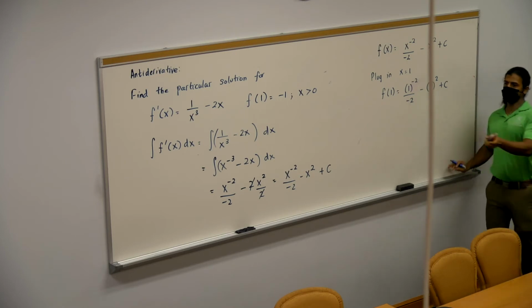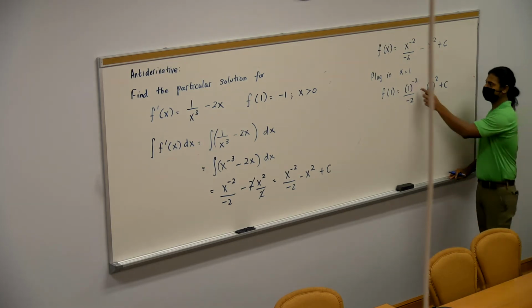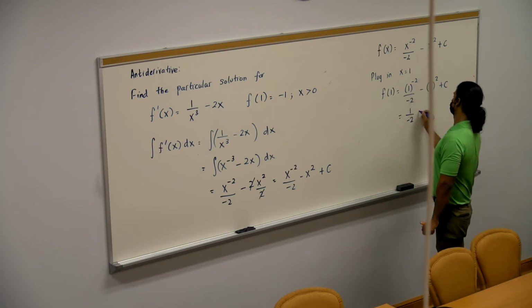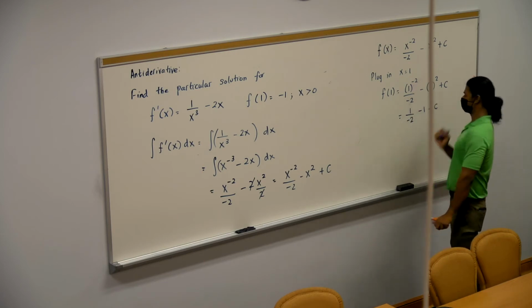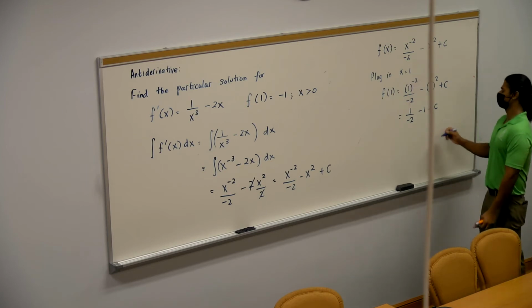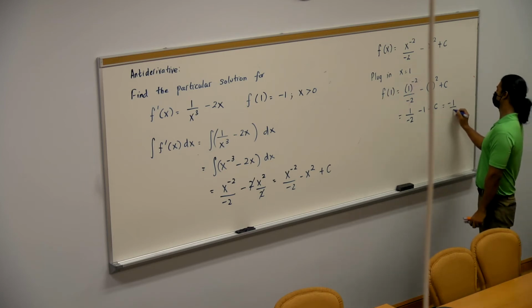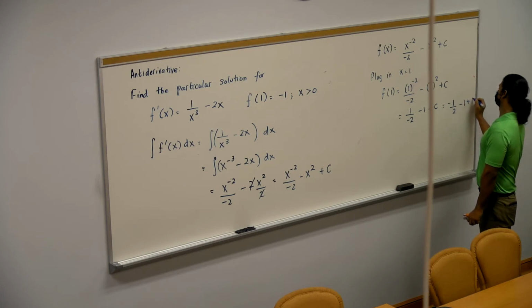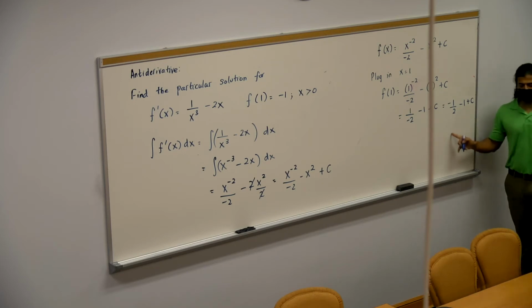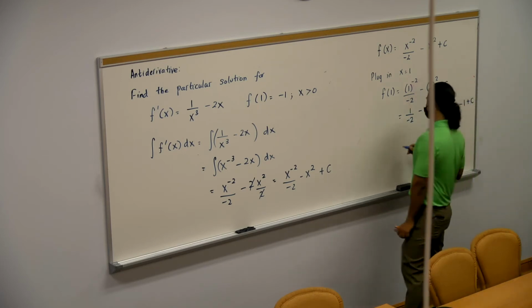One raised to any power is just 1, so we have 1 over -2, minus 1, plus c. 1 over -2 is the same as -1/2. -1 plus c. -1, -1/2 is -3 over 2.